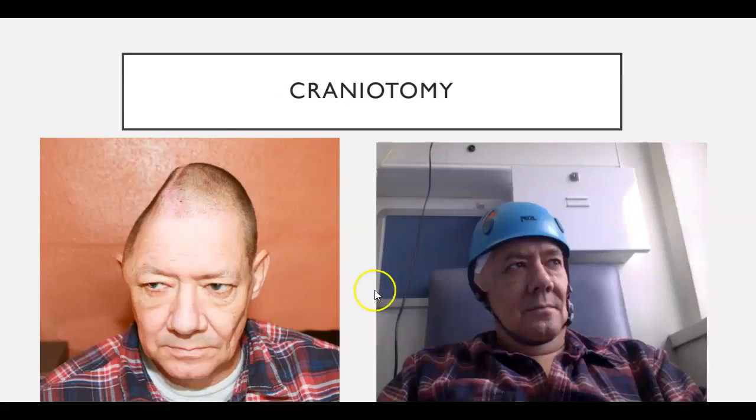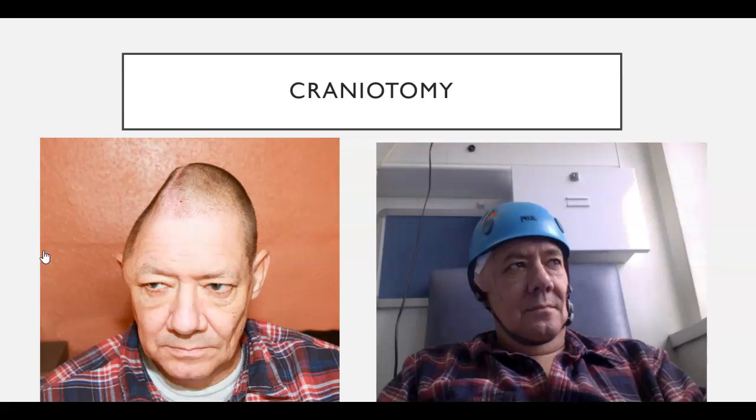So in this picture, we're seeing a person who has had a craniotomy, meaning that part of the skull was removed. And the reason for that was, again, if I was sitting with you, we would talk about it and not ask you the questions, but the reason that part of the skull was removed was because there was either bleeding or some swelling within the brain.